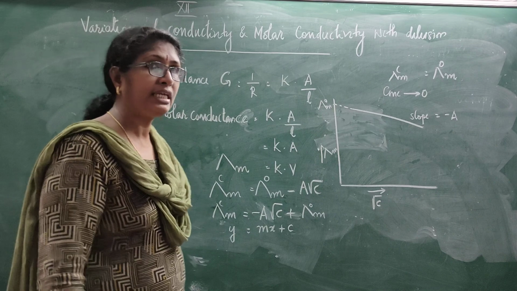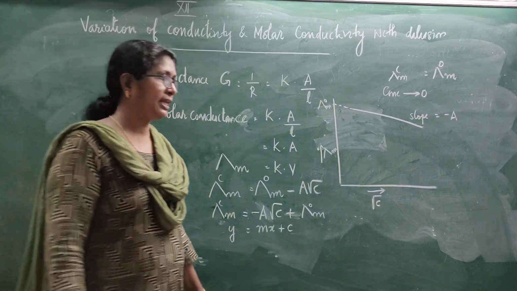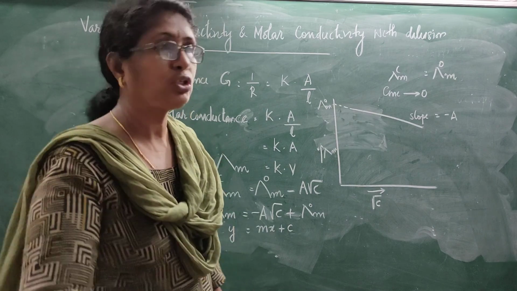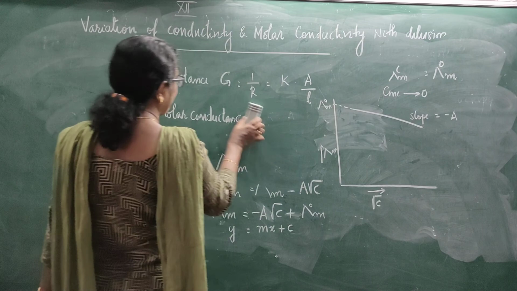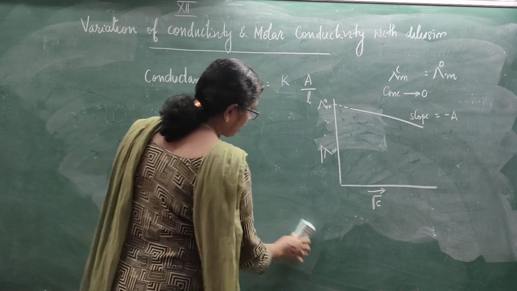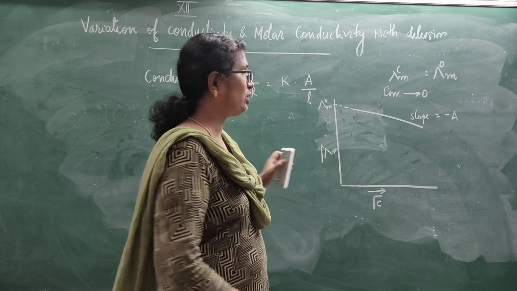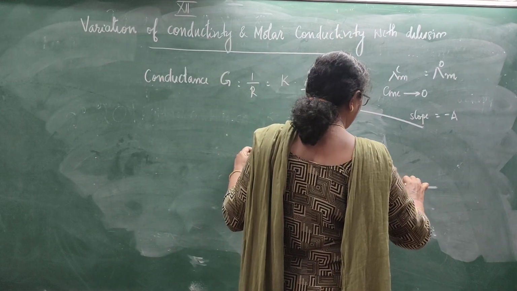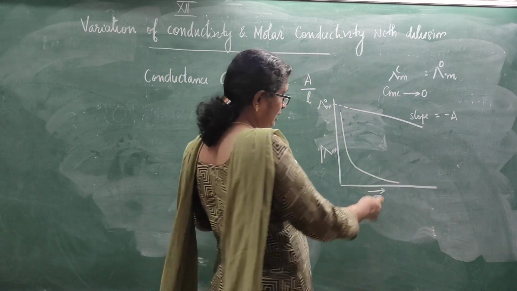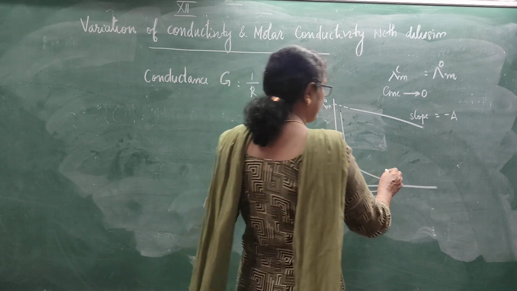So we can calculate the limiting molar conductivity of strong electrolytes graphically. Now, in place of a strong electrolyte, if you take a weak electrolyte like ethanoic acid at different concentrations, calculate molar conductivity and plot it, you will get a graph like this. There is a steep increase in the curve.